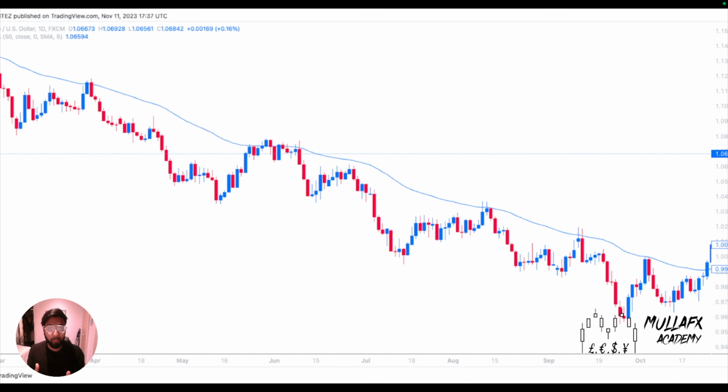Now this is the 50 EMA. I don't actually use the 50 EMA, but the reason why I'm showing you in this example is because it's very, very easy to identify. If you have a look, when price is below the moving EMA, we can identify that it's a downtrend without even doing any market analysis, without doing any technical analysis or drawing support and resistance or drawing a trend line. We can identify that price is on a downtrend.